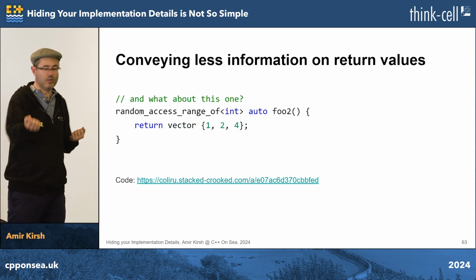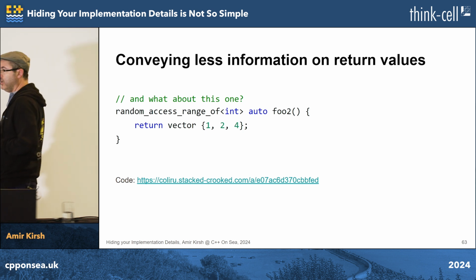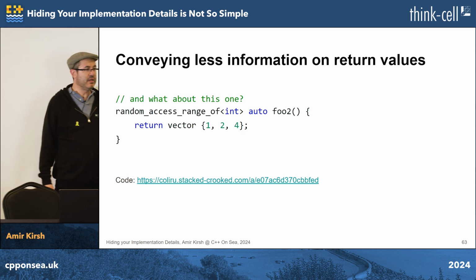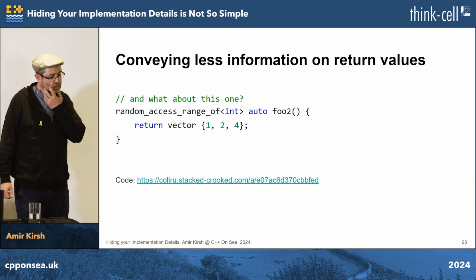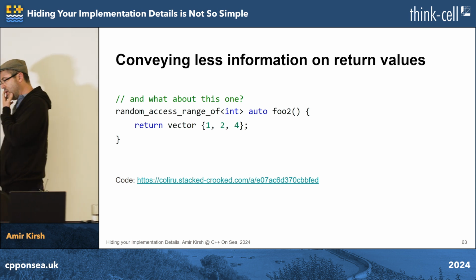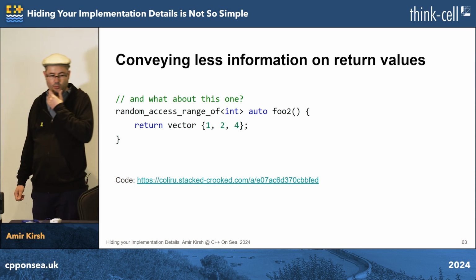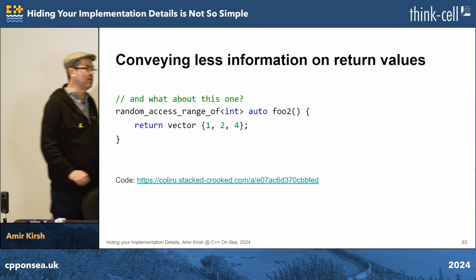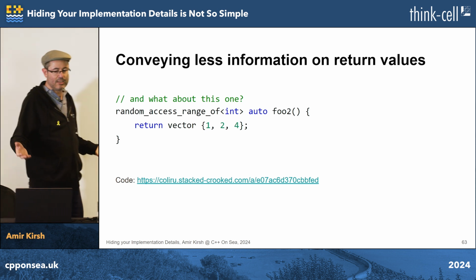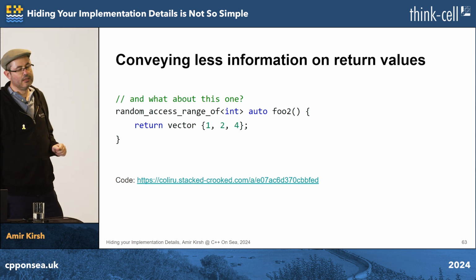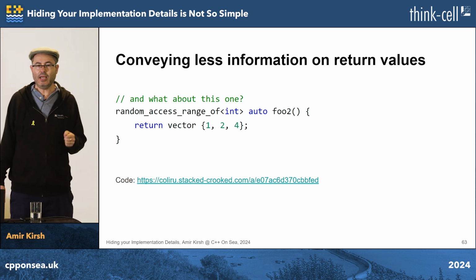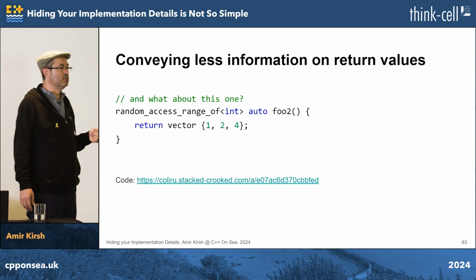This is how I created random access range of, and the user should not assume that this is a vector. The user should assume that this is a random access range of ints. And again, if the user actually uses that as a vector, the code would compile.